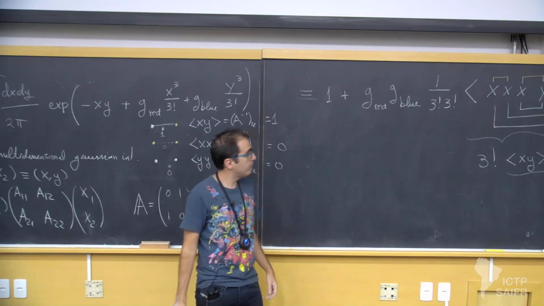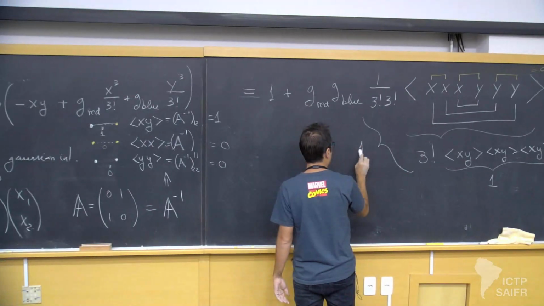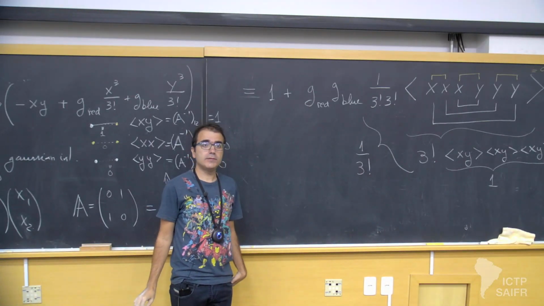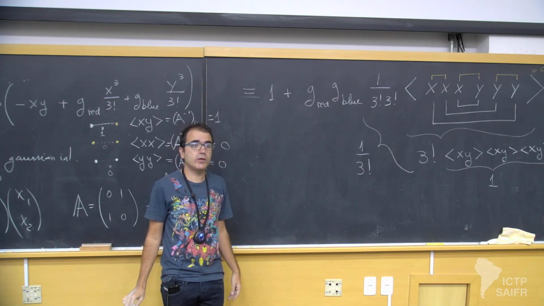And so in total, what do we get here? 1 over 3 factorial, with the 3 factorial and the 1 over 3 factorial outside.